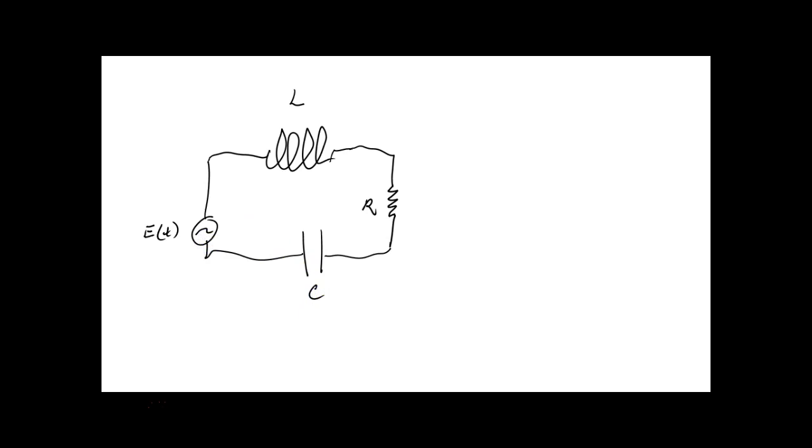Resistance is the constant of that resistor. L is the inductance of the coil, the inductor, and C is the capacitance of the capacitor.